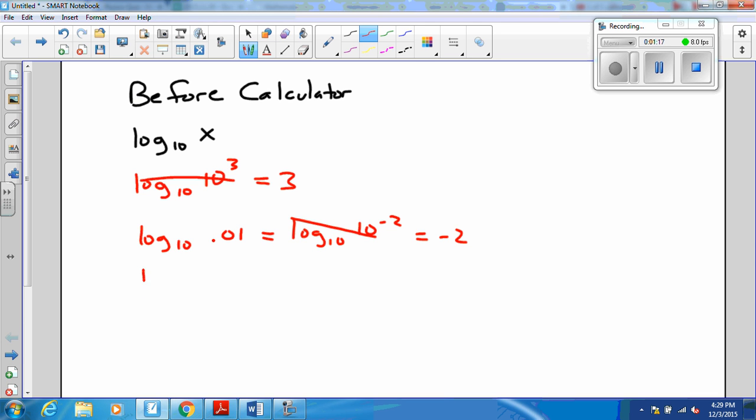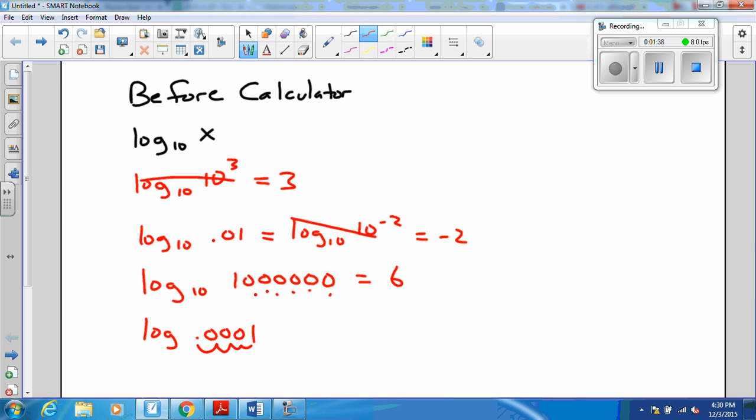They would notice, for example, that if you took the log base 10 of a large number, you could simply count zeros, because after all, 1 million is 10 to the 6th, and there's your logarithm. Same thing here, log base 10 of 0.0001.